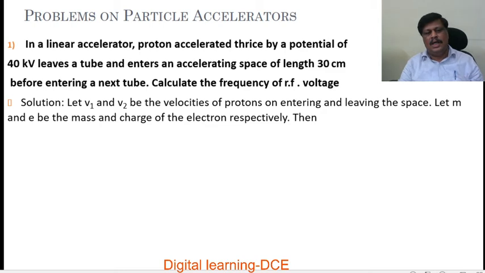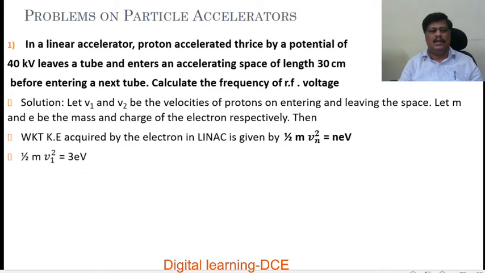Solution. Let V1 and V2 be the velocities of protons on entering and leaving the space. Let m be the mass and e be the charge of the proton respectively. Then we know that kinetic energy acquired in a linear accelerator is given by half mv square is equal to NeV.